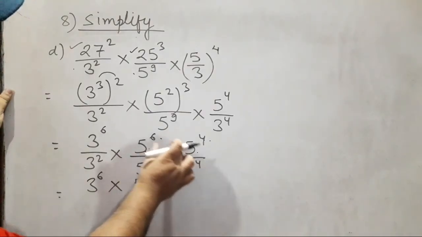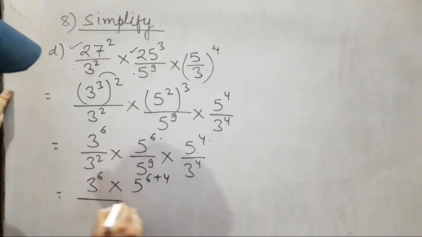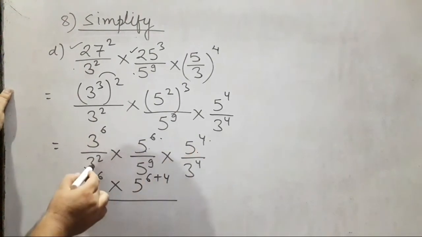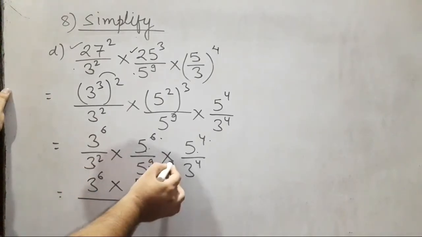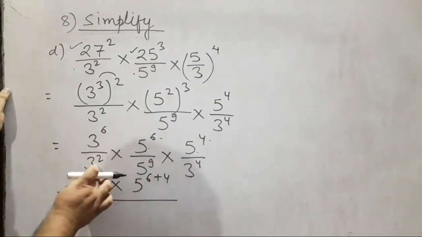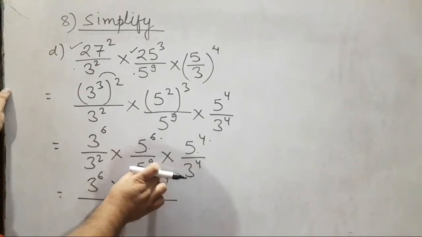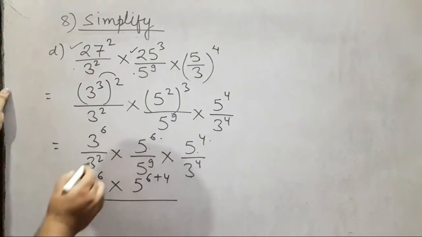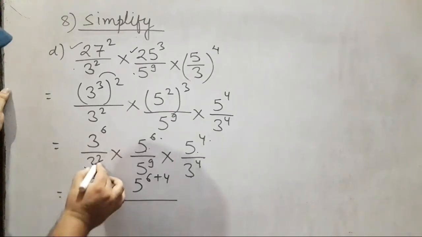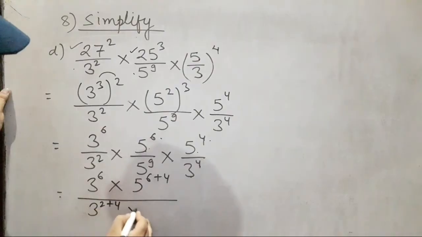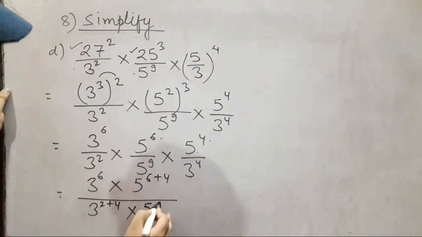Same bases, so we shall add the powers. Here in the lower portion, in the denominator, 3 power 2 into 3 power 4. Same bases are multiplied, so we shall add their powers, and 5 power 9 will sit for some time. So 3 power 2 plus 4 into 5 power 9.